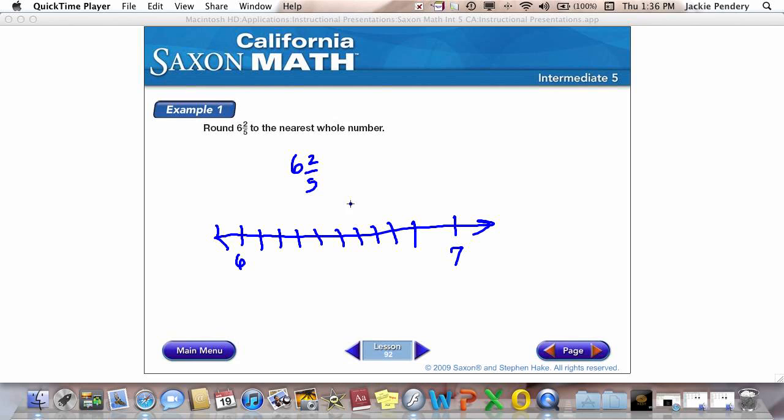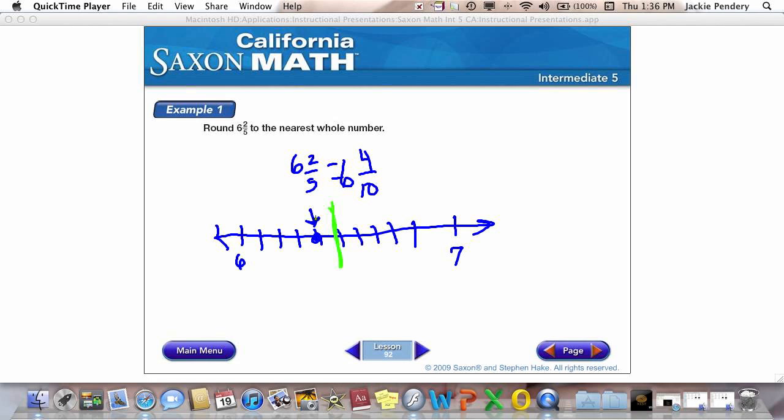So we know that 6 2/5 is equivalent to 6 4/10. So if I take my number line and locate it, I know that 5/10 or half is my halfway point.